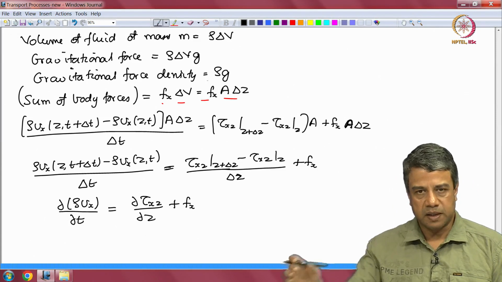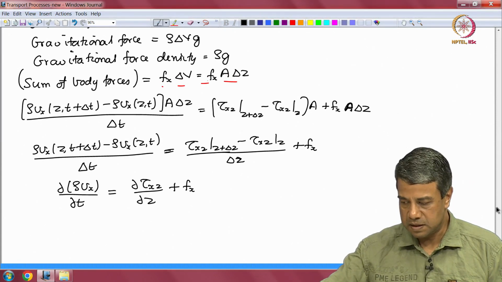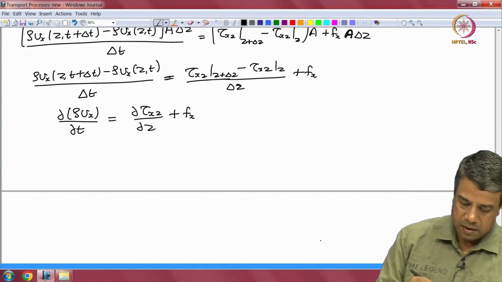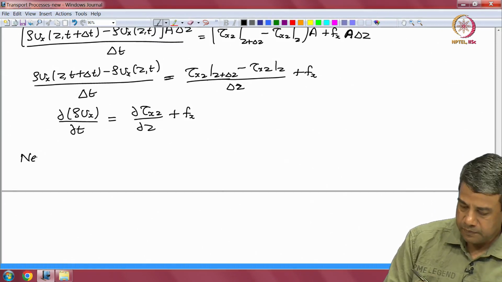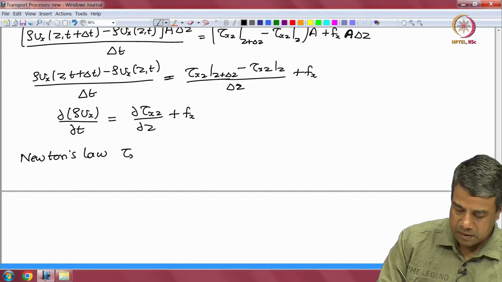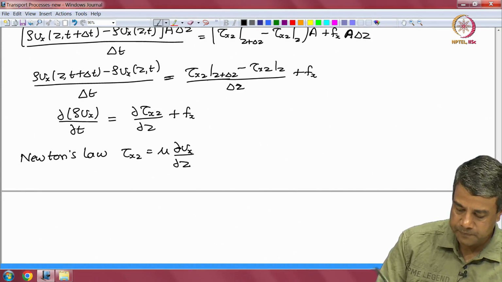That is the momentum balance equation, where f x is the body force density and tau x z is the shear stress. Newton's law: tau x z is equal to mu partial v x by partial z.